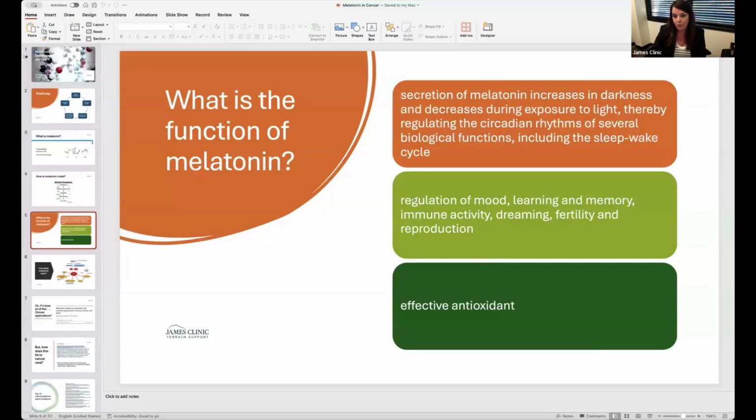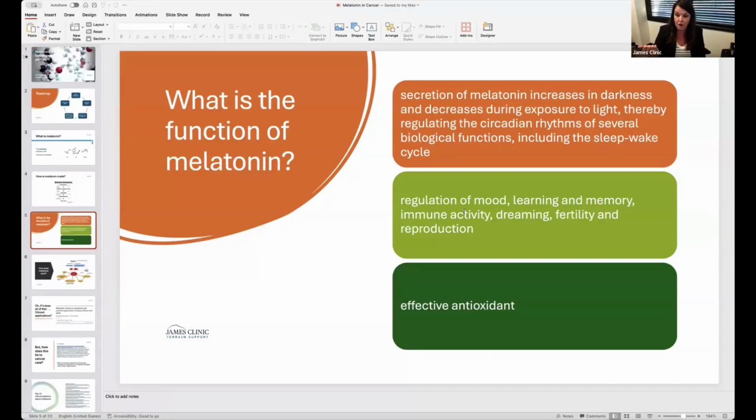It works in regulation of mood, learning and memory, immune activity, which is really important to what we're talking about. Some of you have said when you take melatonin, you have vivid dreams. That would be understandable. It also has a role in fertility and reproduction. A lot of the things that come from the pineal gland and the hypothalamic axis, the pituitary gland, are going to be tied into fertility and reproduction.